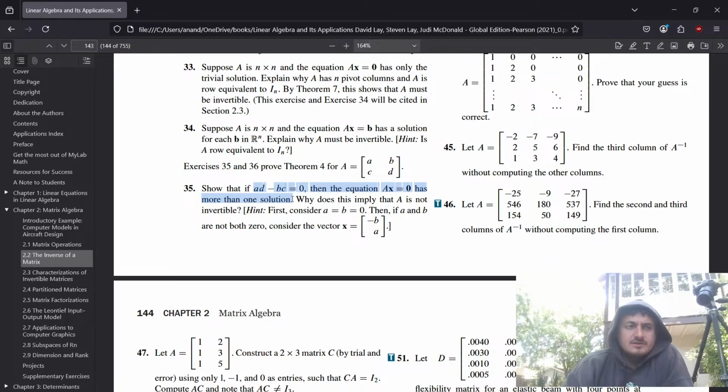If Ax equals 0 has non-trivial solutions, then the columns of A are linearly dependent.